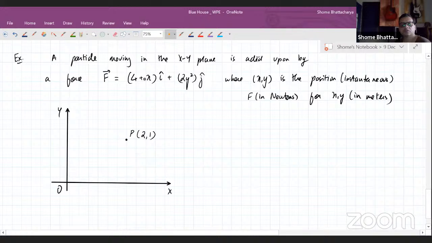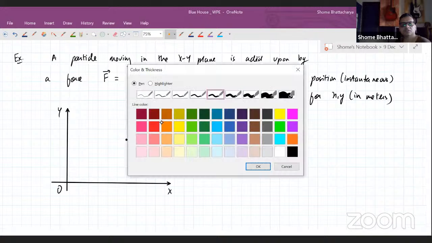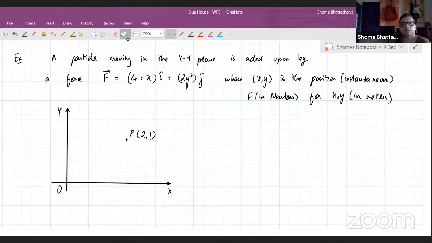Now in one case we will assume that the particle moves from the origin to the point P by this path that I'm showing. First it goes along the x-axis and then it moves along the y-axis and reaches here. So this will be what we'll take as path 1.